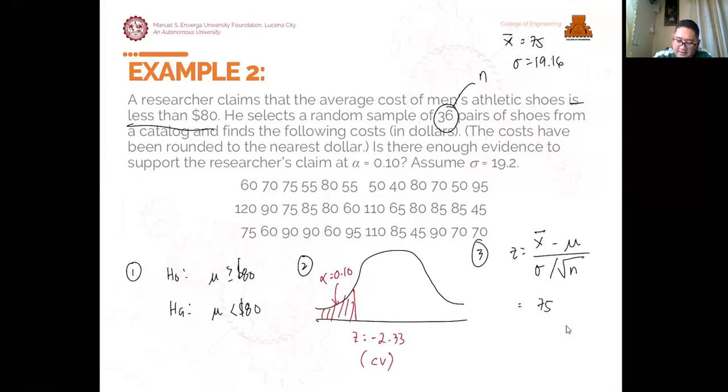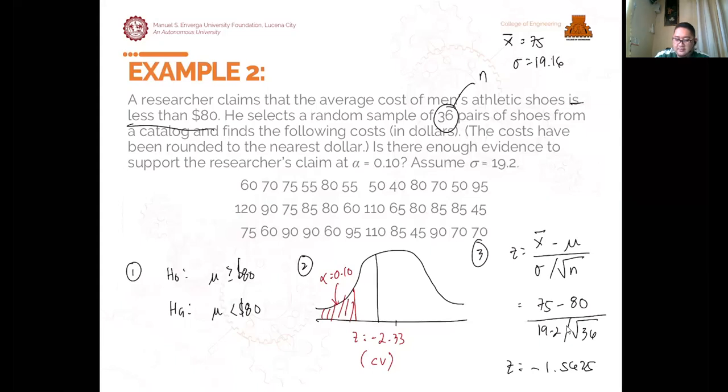So we have 75 minus 80, all over 19.2 divided by the square root of 36. We get negative 1.5625. As for its location, compared to negative 2.33, it lies somewhere here relative to the mean.